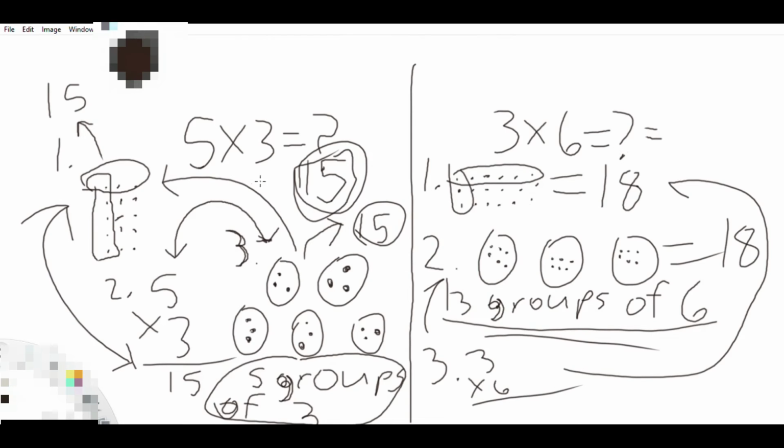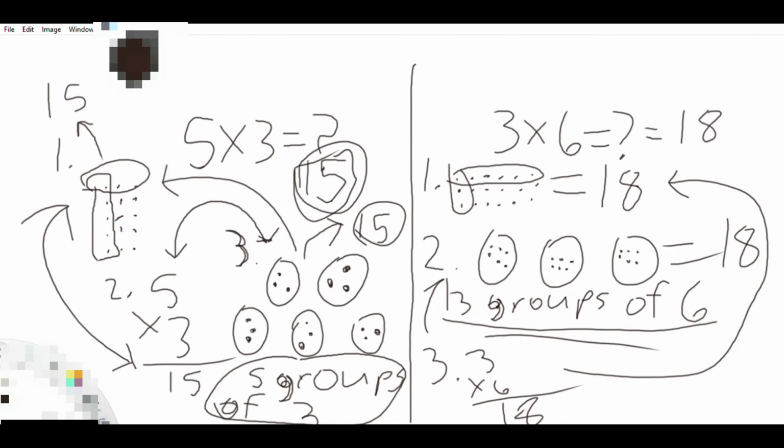Oops, it's a bit big. So the result is 18 for this too. You could do one of these two and prove that in standard algorithm it is 18. So 3 times 6 is question mark, but question mark equals 18.